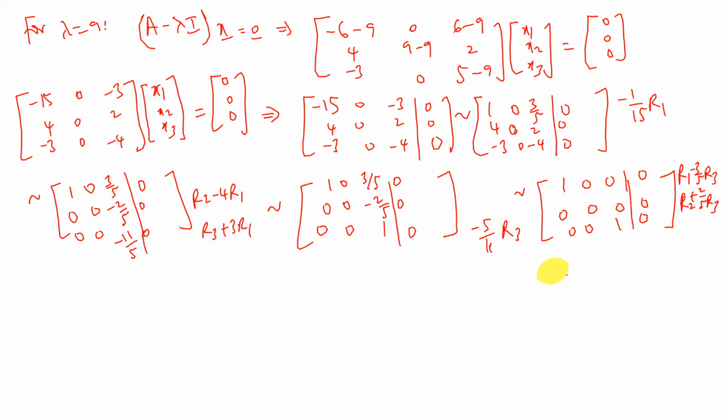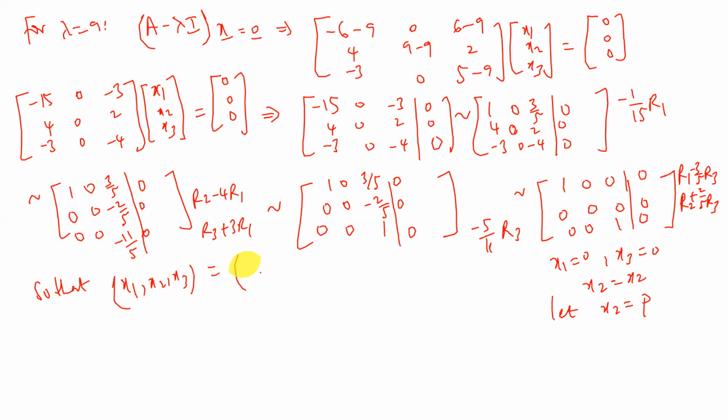Okay, this is actually saying x1 is 0, x3 at the bottom is 0, but x2 is x2. And you can let x2 being arbitrary equal p, for example, so that x1 is 0, x2 is p, and x3 is 0.